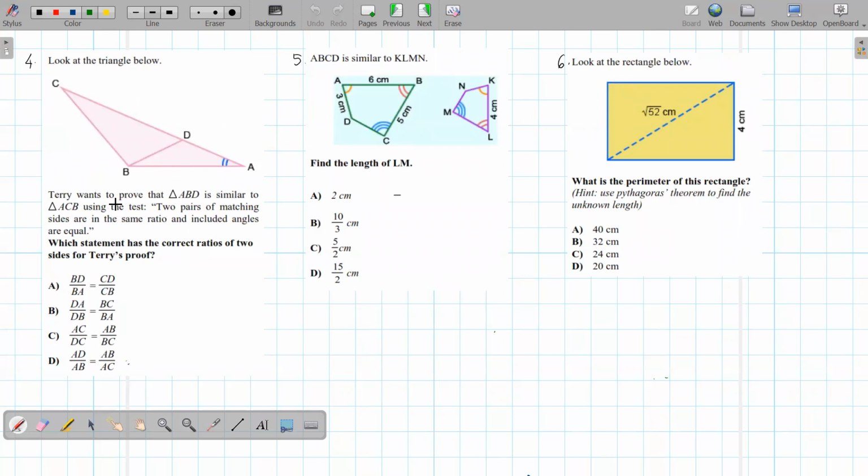First of all, we write the first triangle, so that will be triangle ABD.